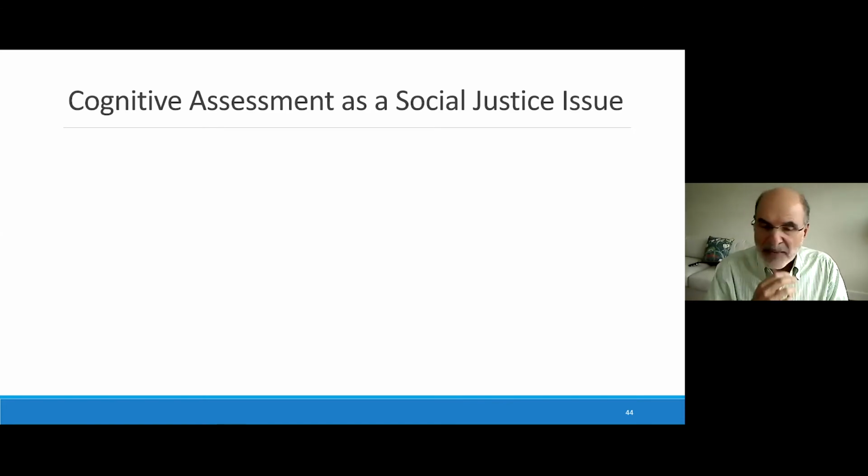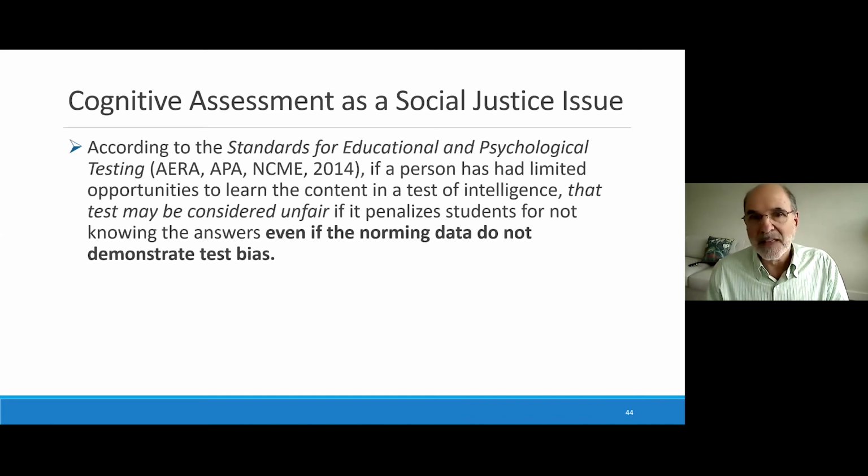And when I read manuals, like some of the manuals that I've seen, it's typical to talk about all the psychometrics and say, look, the test doesn't have any bias. But that leaves out the piece that I'm so pleased that the Standards for Educational and Psychological Testing, more recent edition, have emphasized. And here's how this is important.